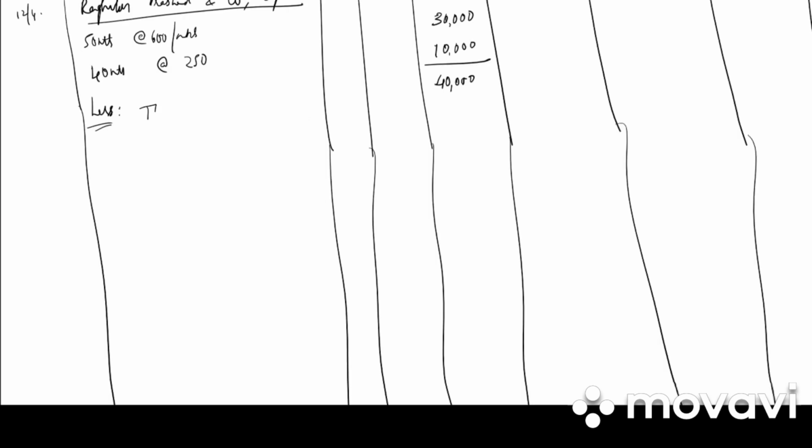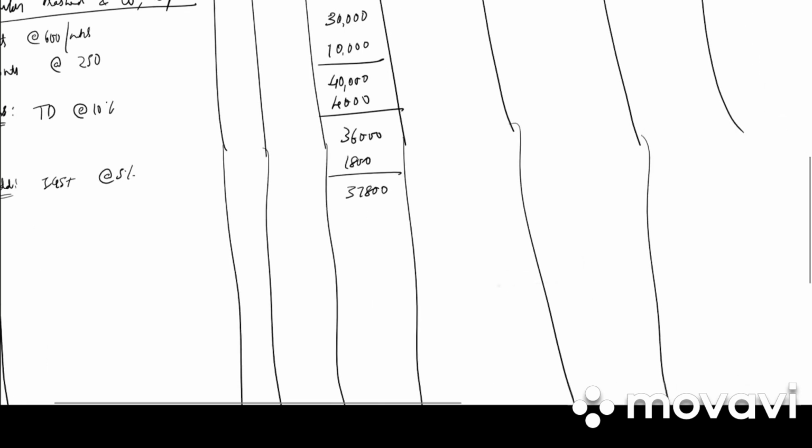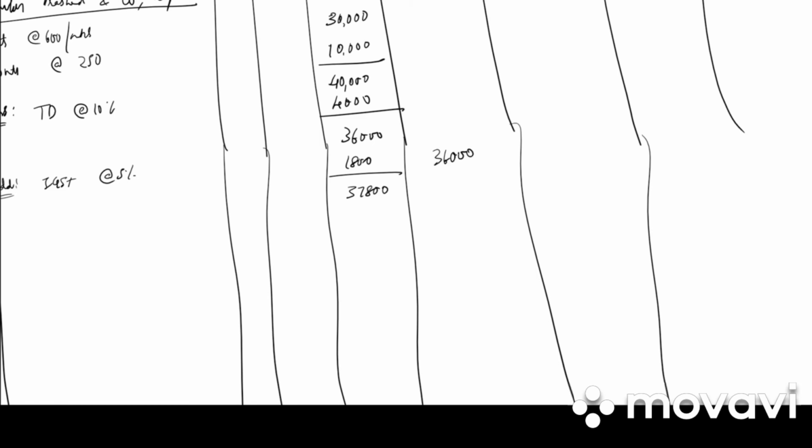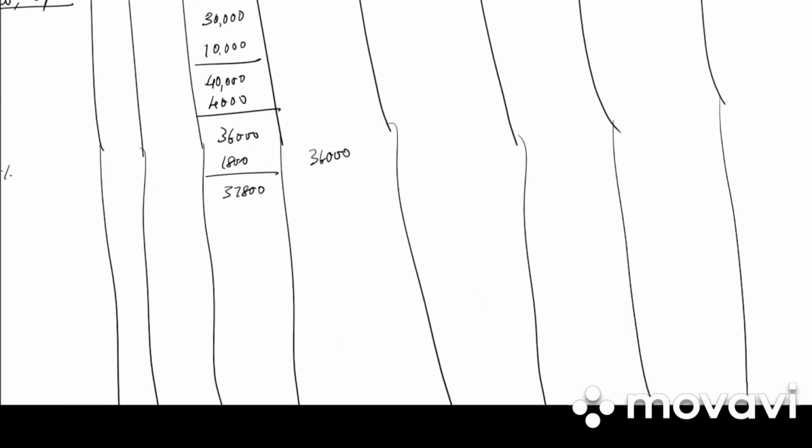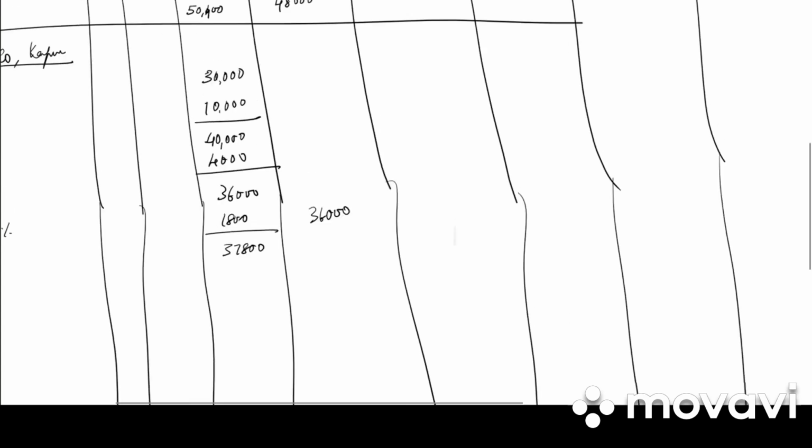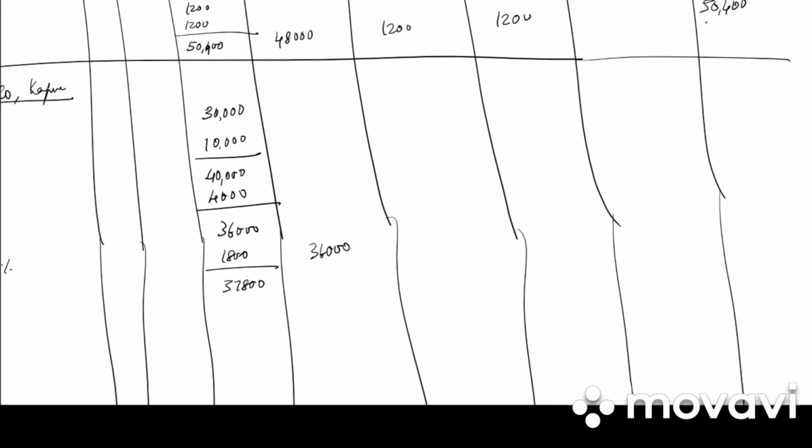Less trade discount at 10%. How much is it? 4,000. We get the total 36,000. Add IGST, as it is interstate, at 5%, that is 1,800. Total is 37,800. Under the purchases, 36,000. IGST we will be having 1,800. Total is 37,800.